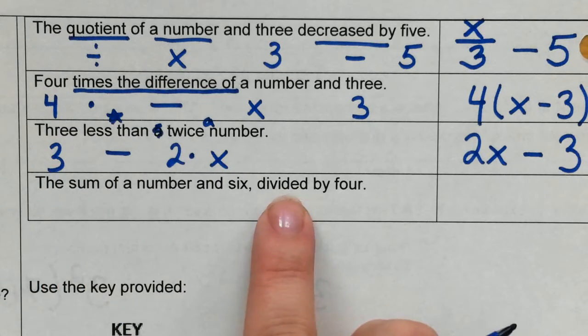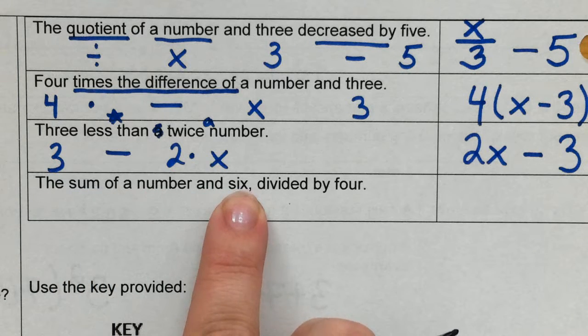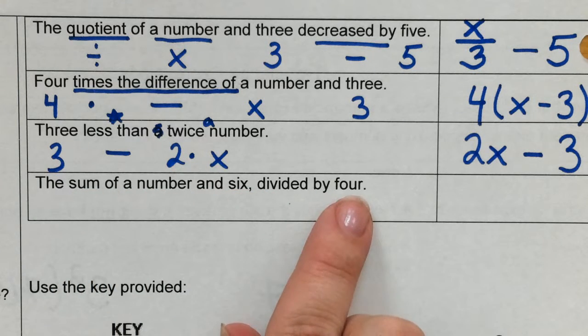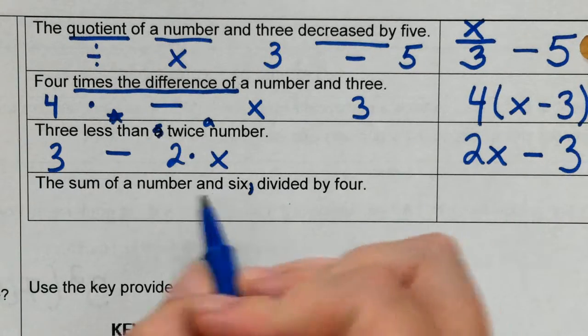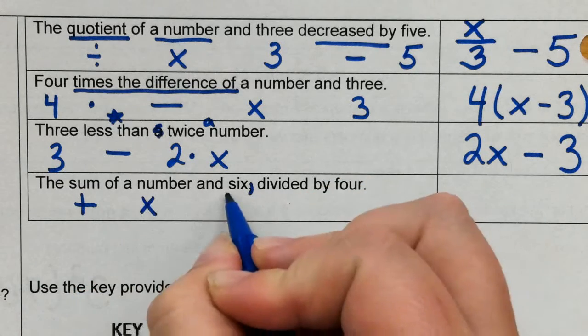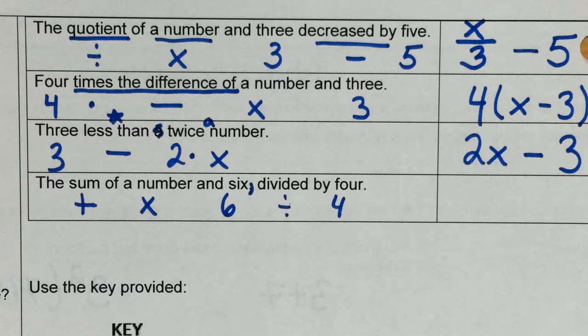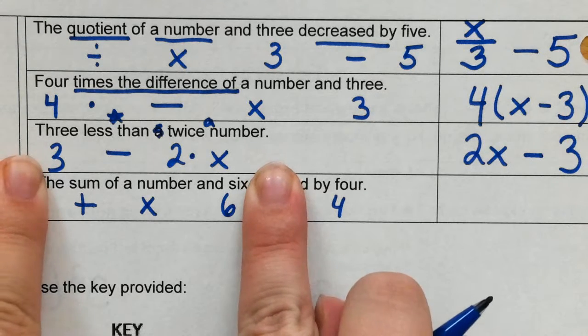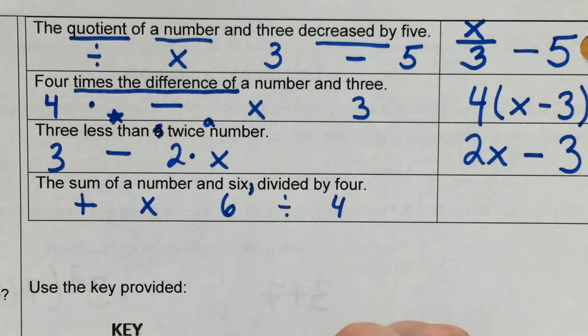And here we have our last one. The sum of a number and 6, divided by 4. Okay, this comma here is really important. It's telling us that the sum of a number and 6 is getting divided by 4.